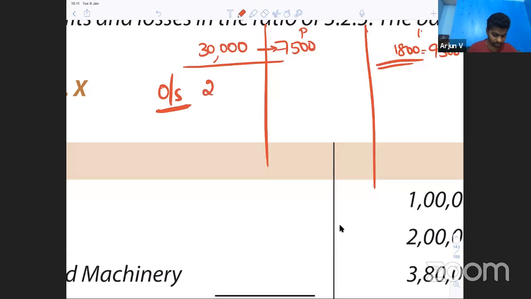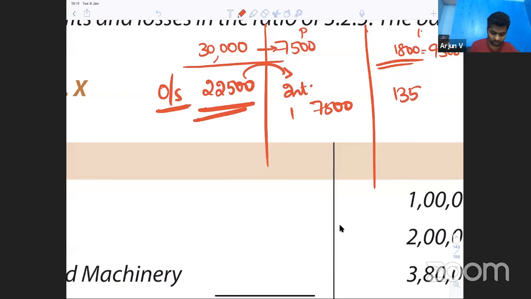The outstanding amount is going to be 22,500. On this 22,500, you will be paying interest. 6% of 22,500 is 1,350, so 7,500 plus 1,350.